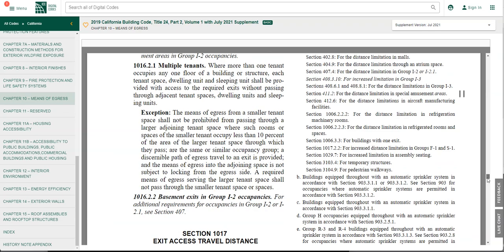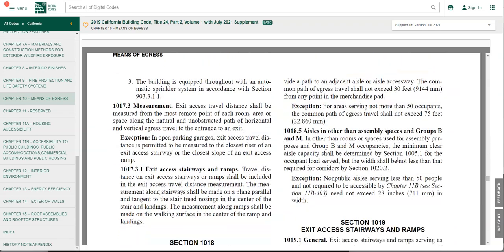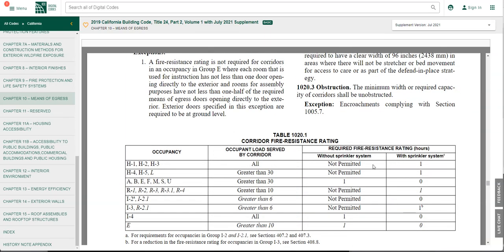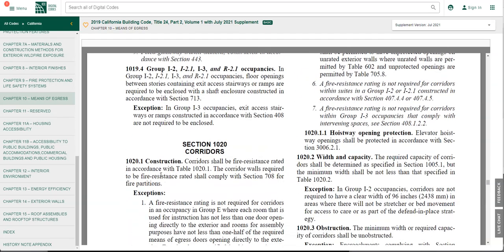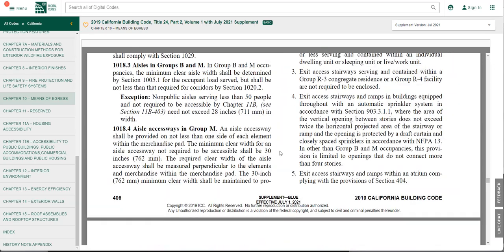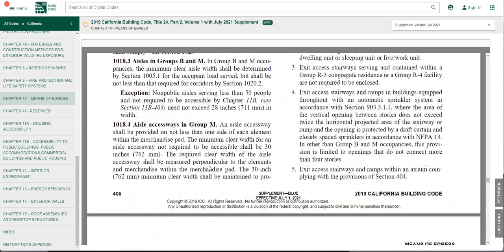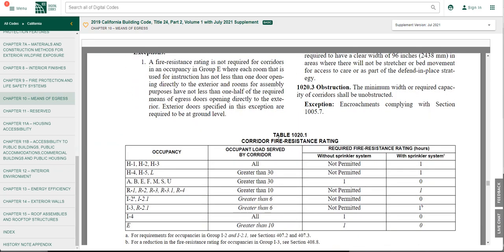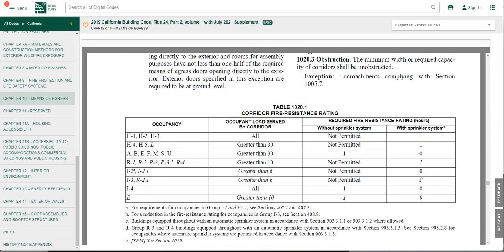Further down here, 1017. And the next one is 1018. And there's no more 1018 table, because it's now moved. In the 2019, it's now table 1020.1, and that's what we have here.